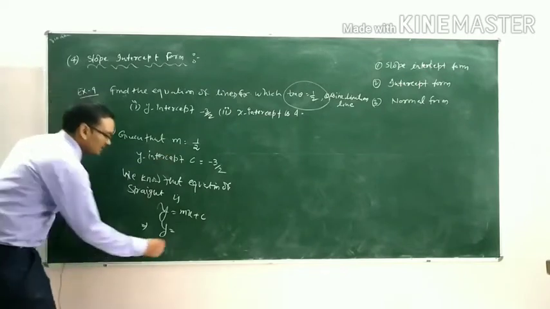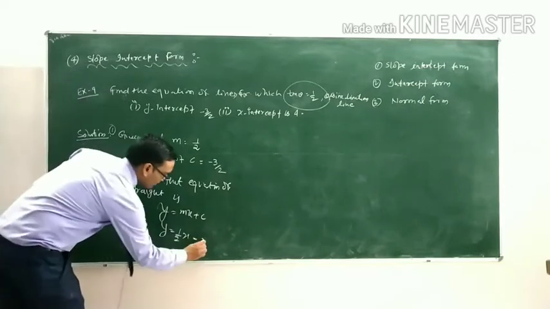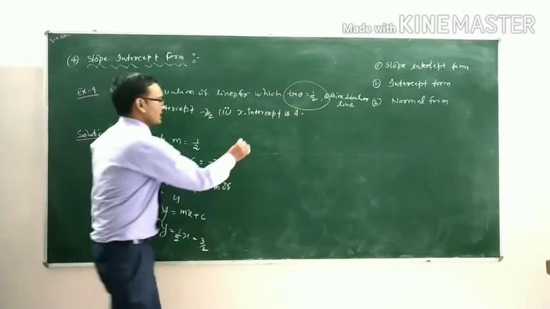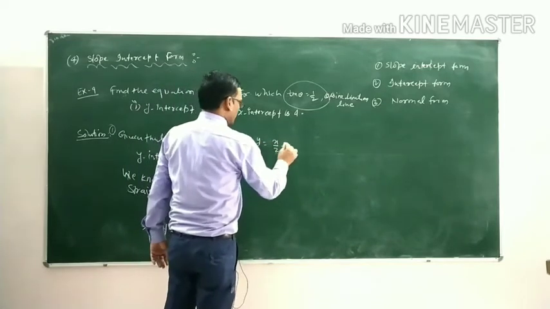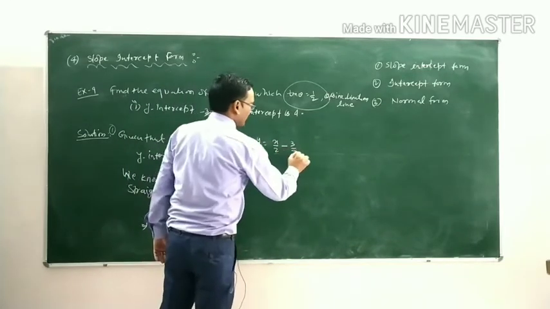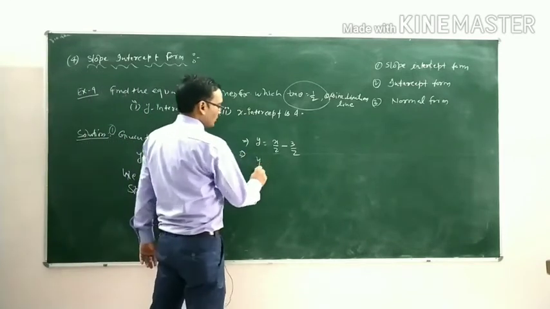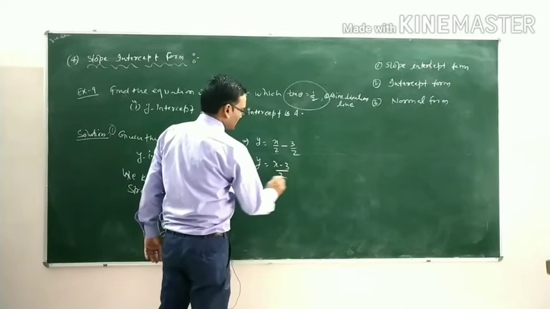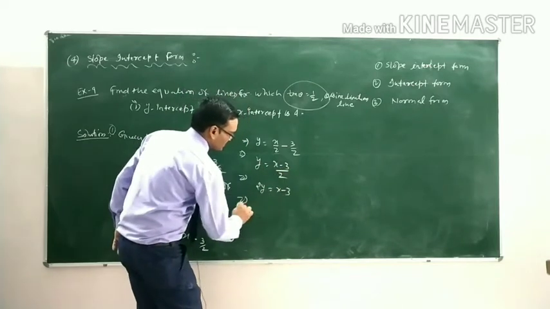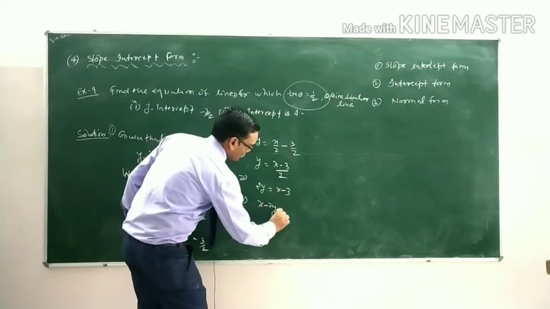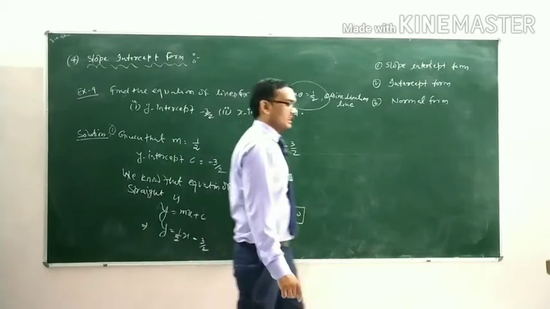M is 1 by 2, x. What is the value of c? Minus 3 by 2. This implies that y equal to x by 2 minus 3 by 2. Okay students, this implies that 2y equal to x minus 3. This implies that x minus 2y minus 3 equal to 0, which is your answer.